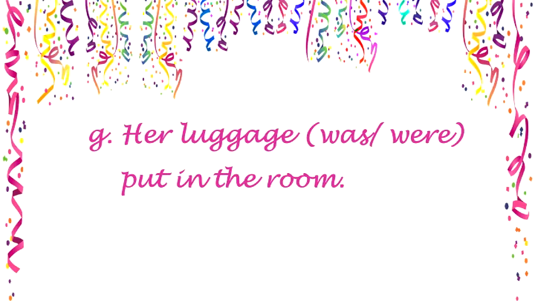So just find out. Our subject is luggage and again it is an uncountable noun. So with an uncountable noun we have a singular verb. So the answer is was. Okay. Her luggage was put in the room. Alright.